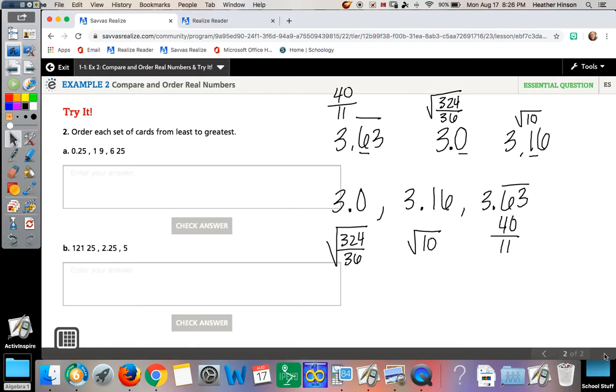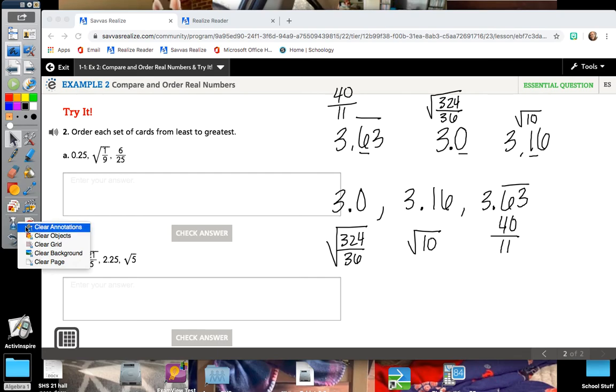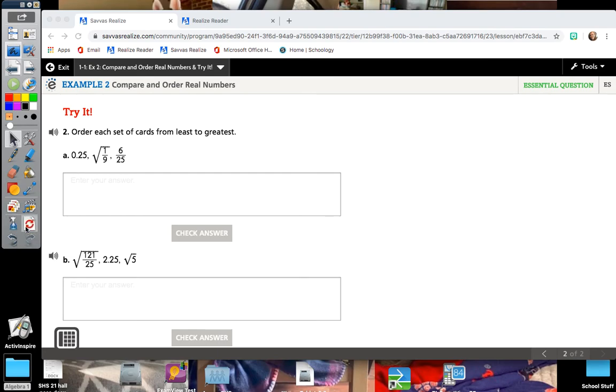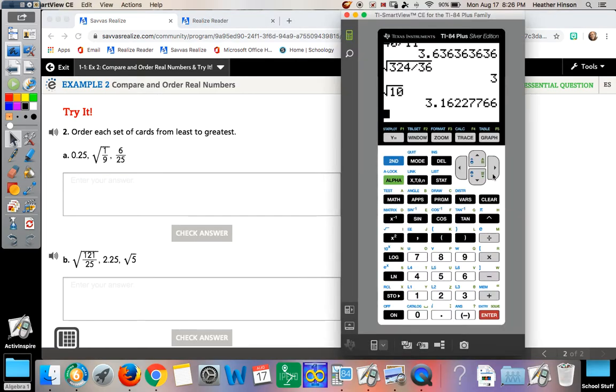Okay, and then the try it is in your workbook. So go to the example 2 try it in your workbook, and we're going to list these from least to greatest. This one's already a decimal, we don't have to worry about that, but we need to change the rest of them to decimals. The first one we have is square root of 1 over 9. Second x squared gives you a square root.